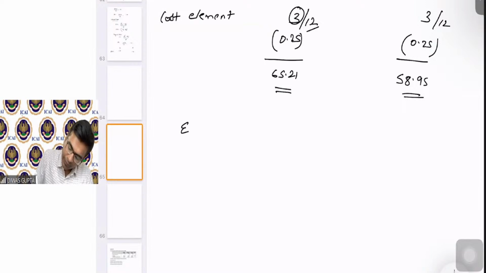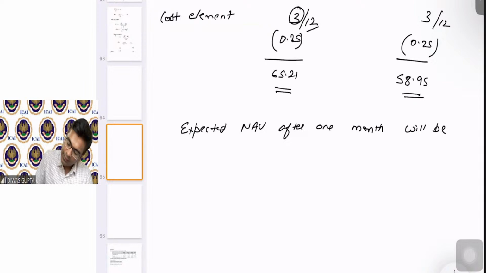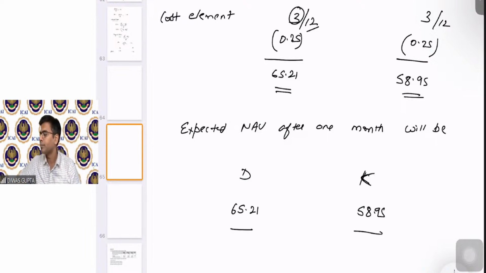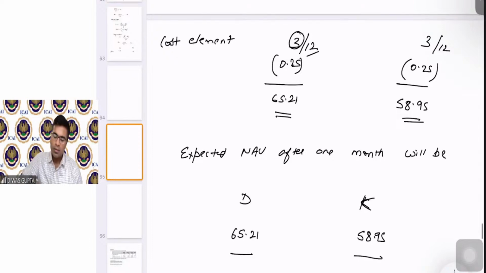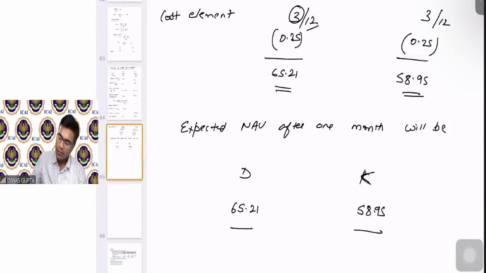Hence the expected NAV after 1 month will be, for D and K, the two different mutual funds, 65.21 and 58.95. Okay, students. Easy and simple.